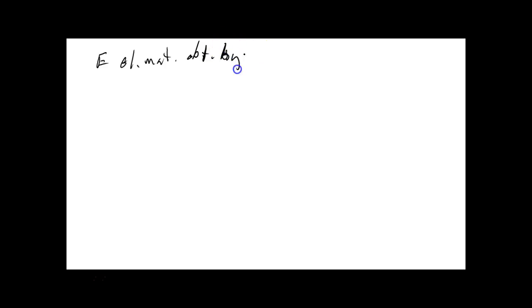Okay. E is an elementary matrix obtained by performing an elementary row operation on, they're using M now, not N. Okay, I'm sure there's a reason for that. No, I'm not. Okay.